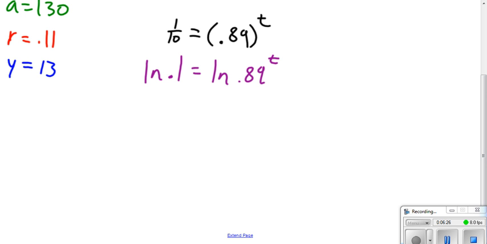Again, going back to using our properties, we would say the natural log of 0.1 equals t times natural log of 0.89, because we had t out here, we can move it out front.